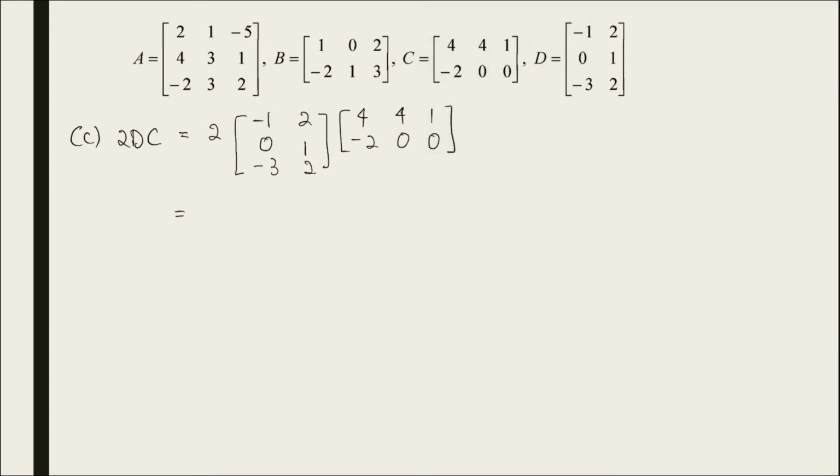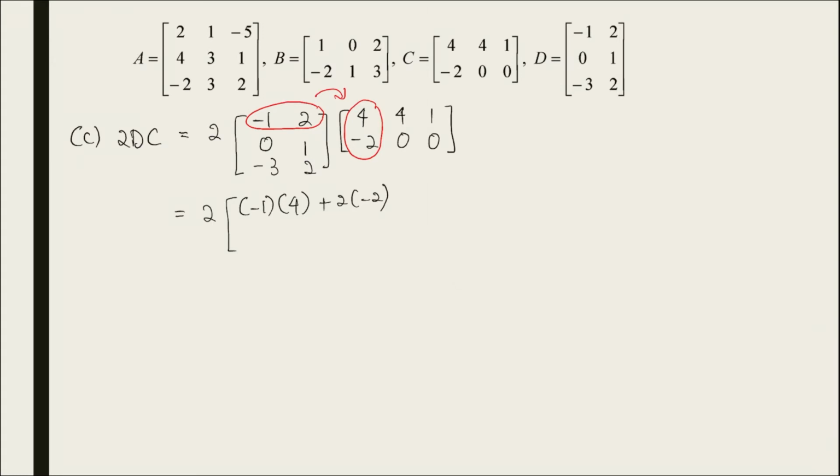First, we need to use the first row and the first column, and then we multiply. So negative 1 times 4 plus 2 times negative 2.